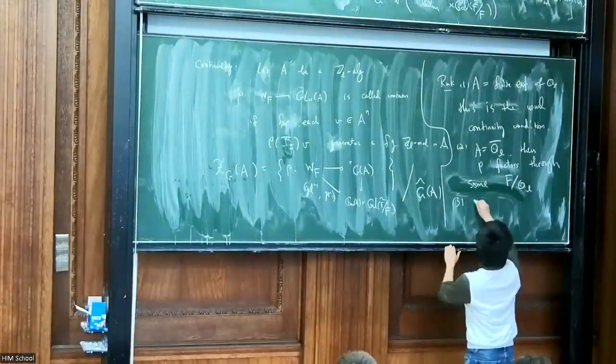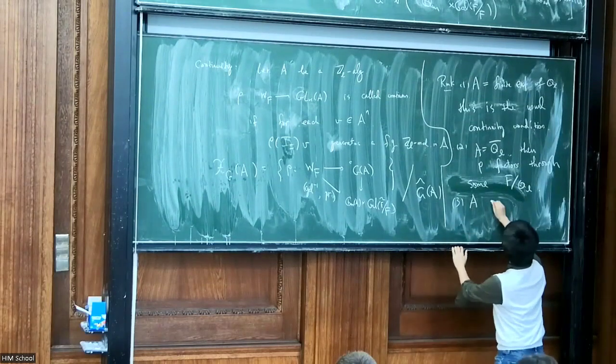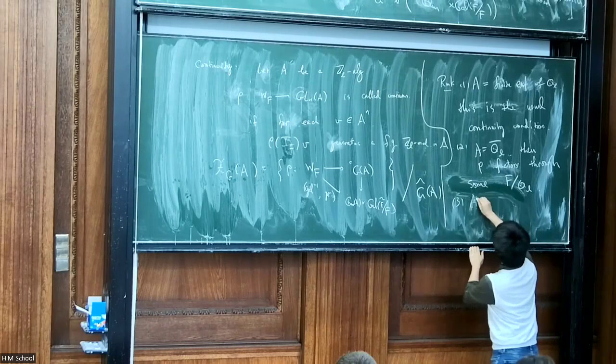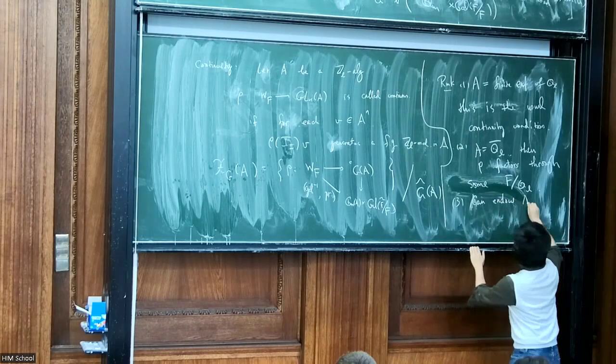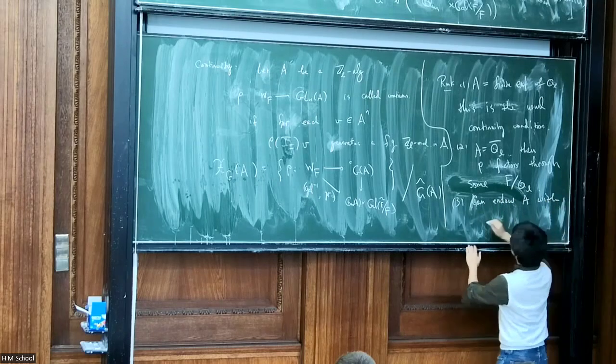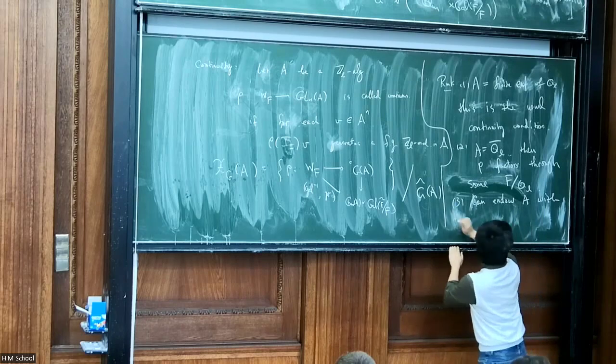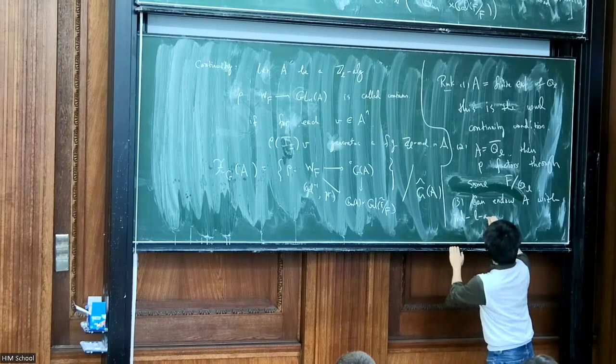The third is A general. You can also do this: you can endow A with this topology. Maybe it's like a kind of completion of the analytic topology.